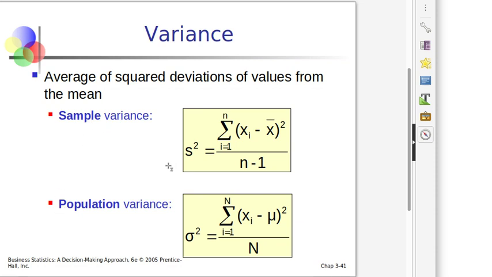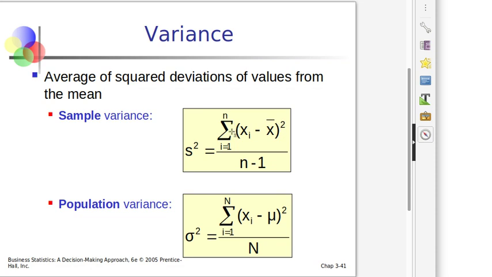Sample variance is calculated using this formula: S squared equals the total of all x sub i minus the mean, this one, x with the bar at the top, and the result is squared.